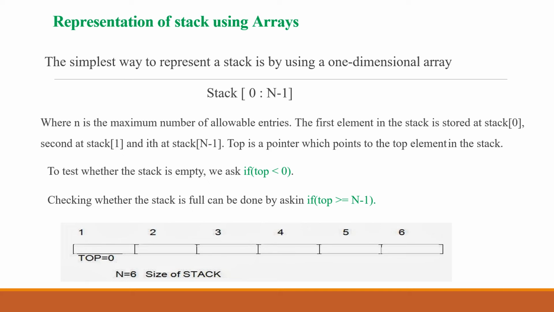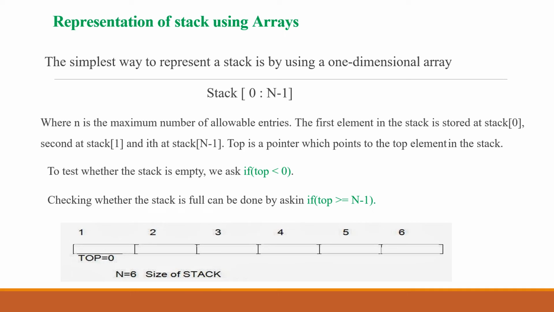When this condition becomes true, the stack is empty. One more condition is if top is greater than or equal to n minus 1. When this condition is checked, it tests whether the stack is full. If it is true, the stack is full.